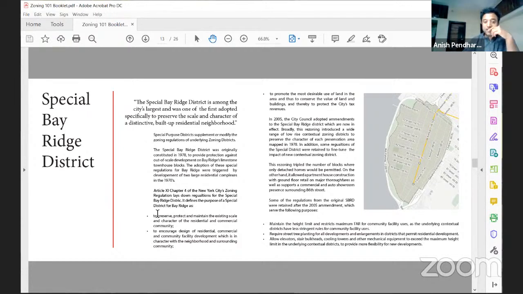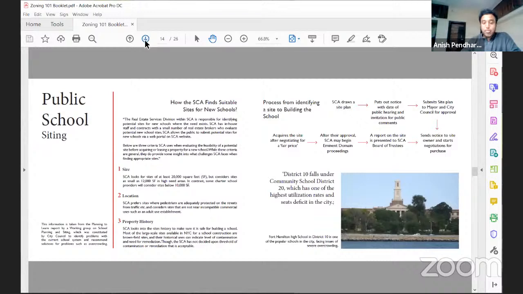And the main objectives of why it was put in place in the 1970s, I guess, to preserve, protect, and maintain the existing scale and character of the community, to encourage design of properties which will be in sync with the existing character of the neighborhood, and things like that.